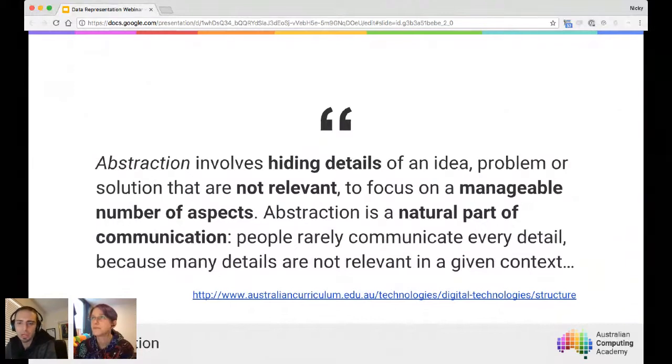So a quick definition: abstraction is all about hiding details that aren't relevant so that we can focus on and manage the appropriate number of aspects for solving a problem. We do this naturally.